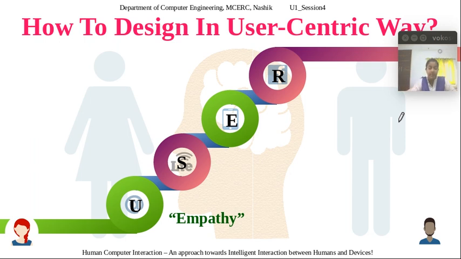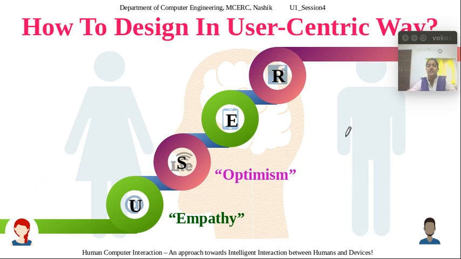This is empathy towards the user. Whoever will be the target users of your system, you have to think about their empathy first, in which situation they are going to use this, in what emotional moods and backgrounds they are going to use it. You have to feel their emotions, you have to imagine in what feeling they are using it. So this is empathy towards the user.